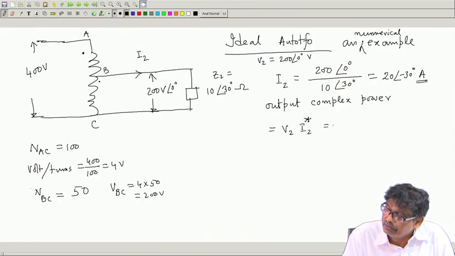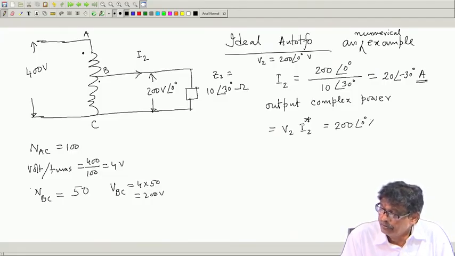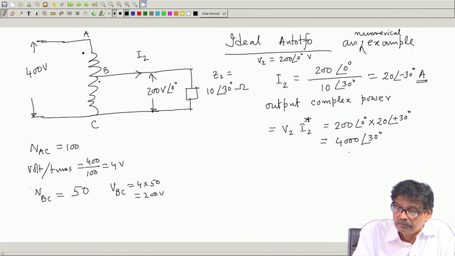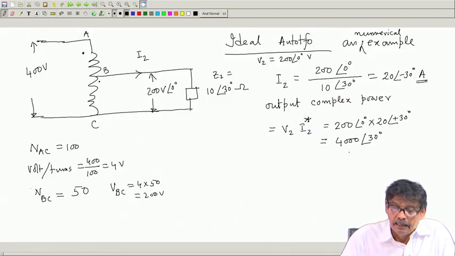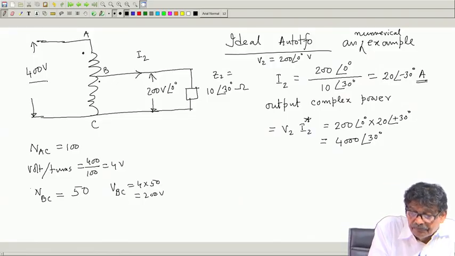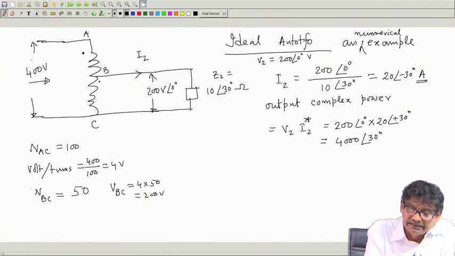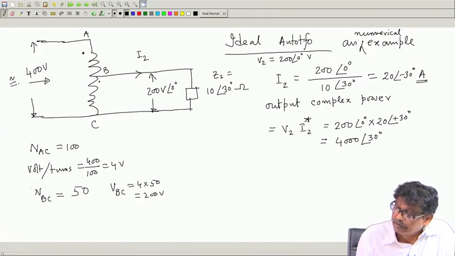So, this will be 200 angle 0 degree into I 2 star, which is 20 angle plus 30 degree. So, this will be 4000 watt angle plus 30 degree, that is the output complex power, and this must come in from the input, because there is only one source of power where I am feeding supply 400 volt AC, RMS value is 400 volt.